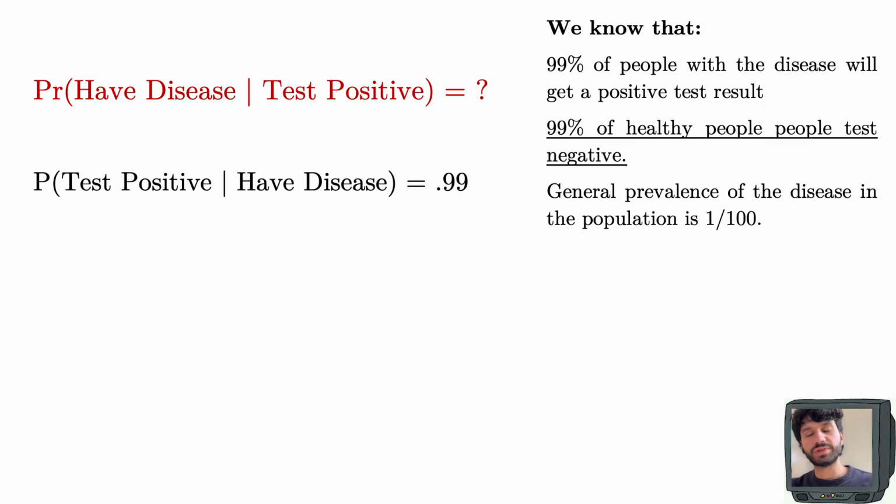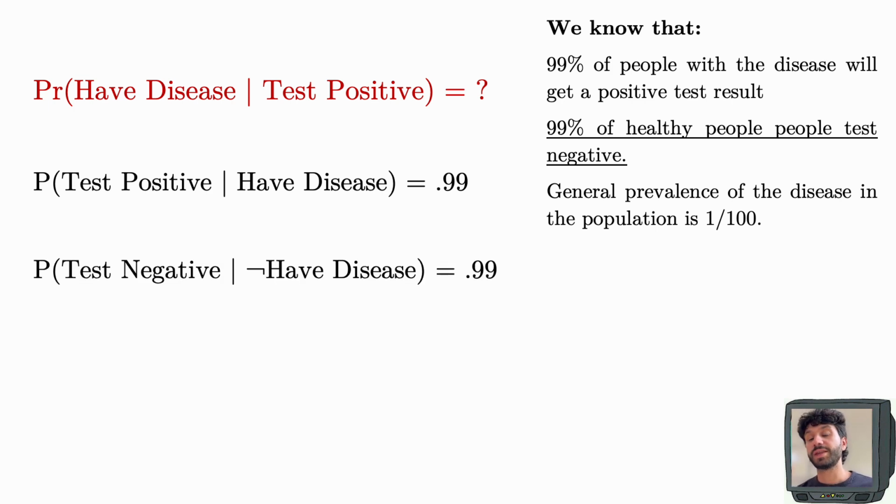So let's look at the second piece of information that we have, which is that 99% of healthy people test negative. What does that mean? Try to put it in probability form how we've done it. Well, it means that the probability of testing negative, given that you don't have the disease, meaning that you're healthy, is 0.99. Note that it's not saying that if you test negative, then the probability that you don't have the disease is 0.99, but rather that if you're healthy, then the probability that you test negative is going to be 0.99.